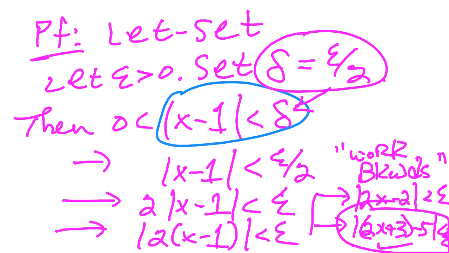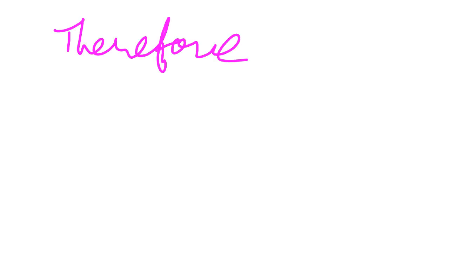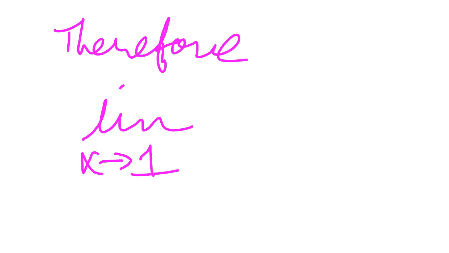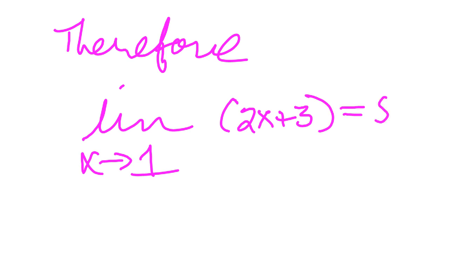Absolute value of f of x minus L is less than epsilon. And so to finish it up, I can say, therefore, the limit as x approaches 1 of 2x plus 3 exists and equals 5. All right, and we're done.